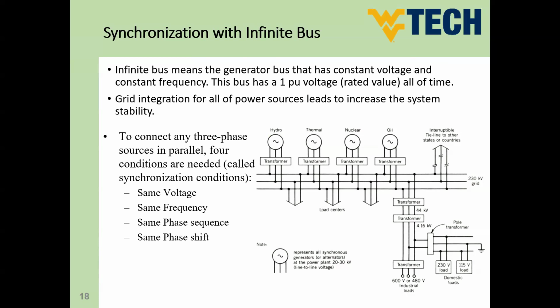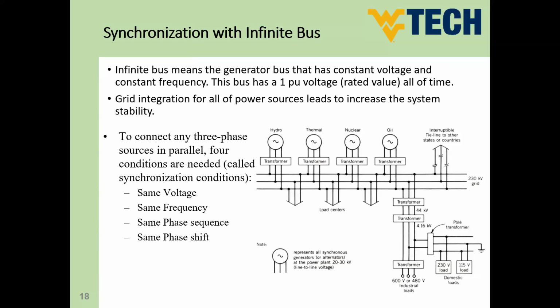And in order to have a reliable grid, you have to connect all generators and all loads together on a single network. So this means all the electrical supply and loads are connected to a single network, and we call it the electrical grid.